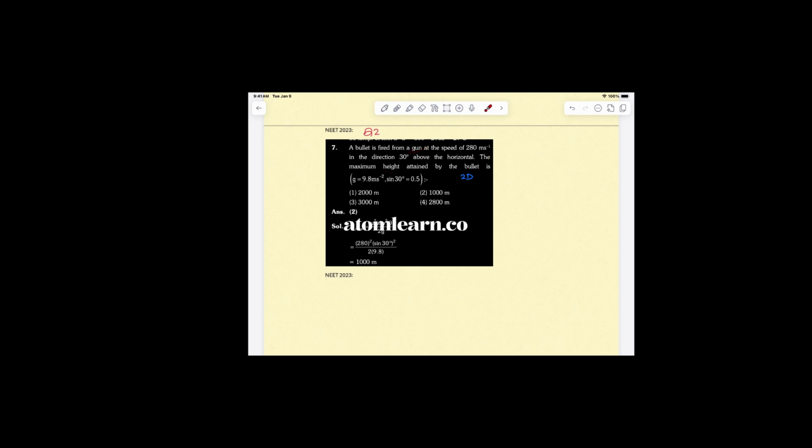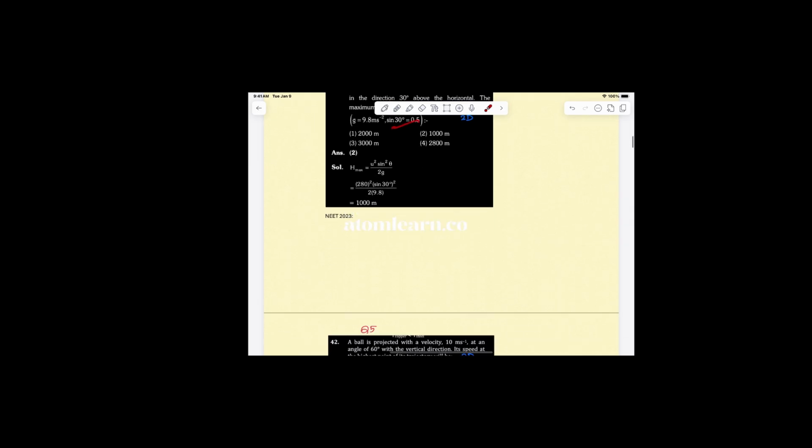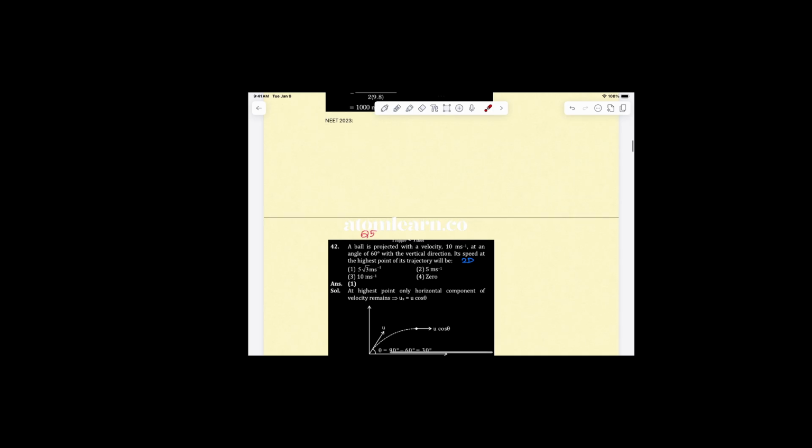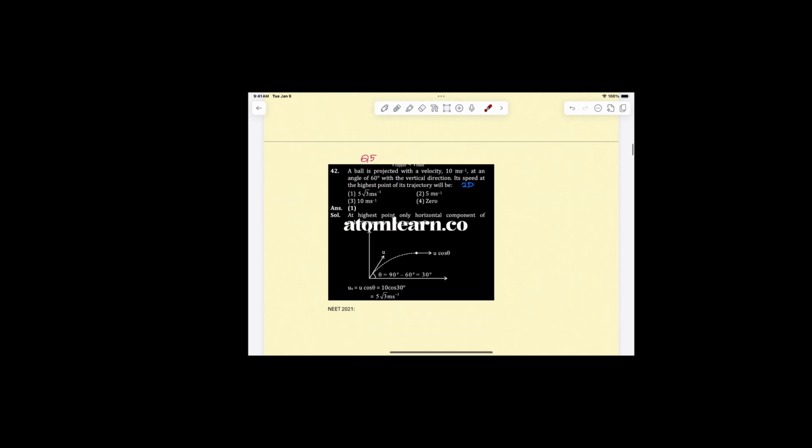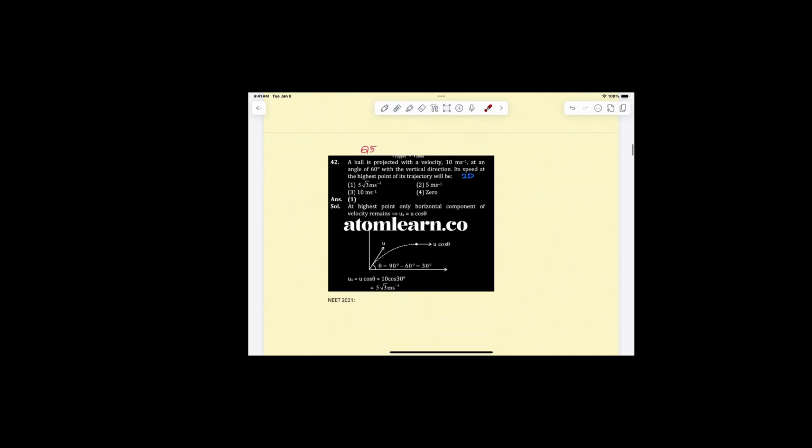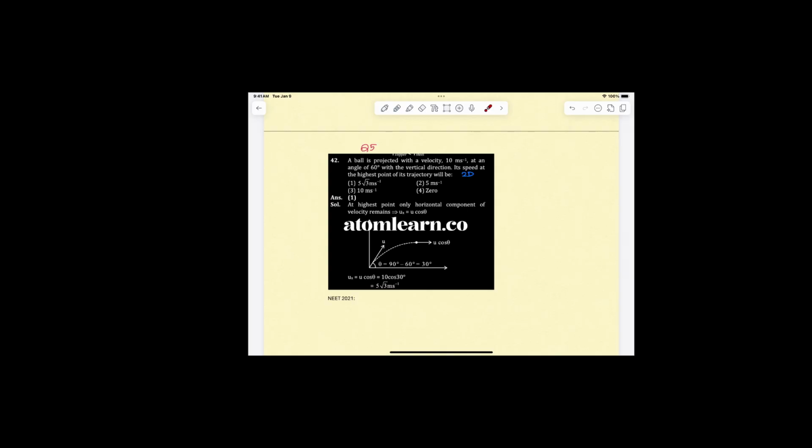For h, you take the formula; u is given, theta is given, that's all you require. The formula is u squared sine squared theta by 2g. Put u as 280 and theta as 30 and you get your answer. Simple formula based. Just put the data and get the standard formula answer h. Then go to the next one.